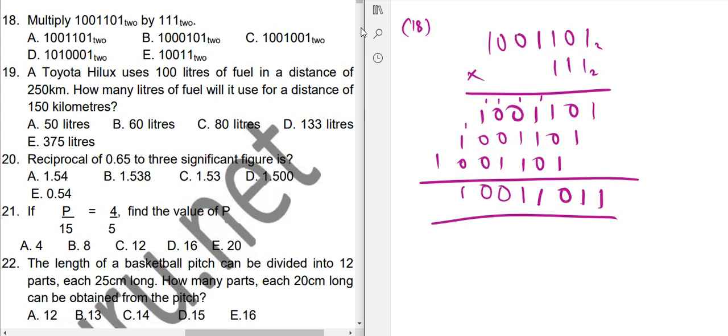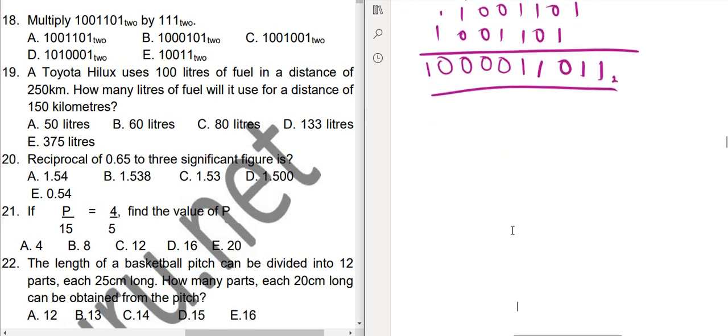Another 2, 0 carry 1. Another 2, 0 carry 1. The option is not there. They should have made a mistake somewhere. Let's not disturb ourselves with that. If it were a test, I would have given it as a bonus.